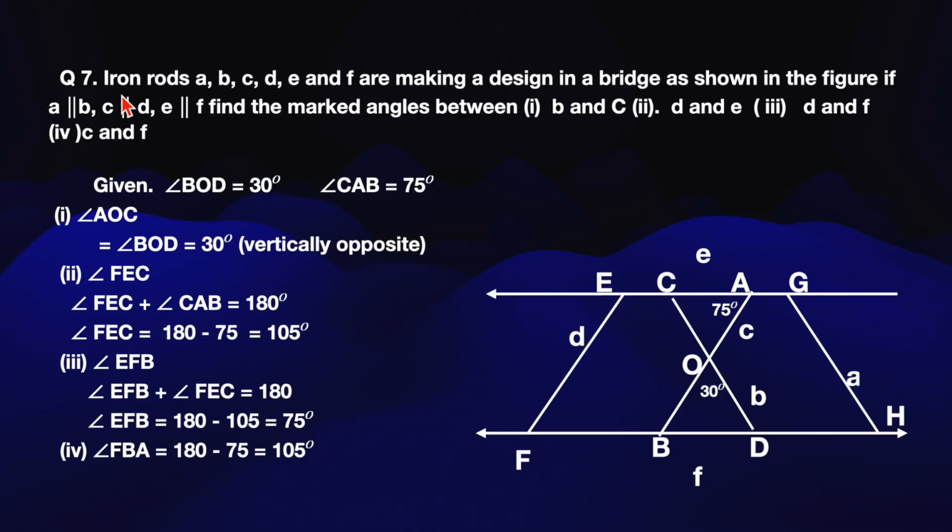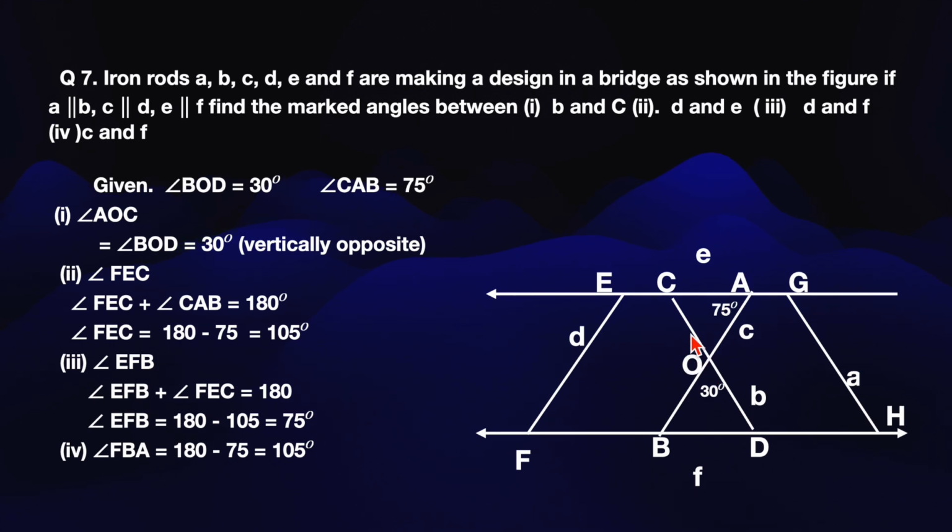Question 7. Iron rods A, B, C, D, E, F are making a design in the bridge as shown in the figure. If A is parallel to B, C is parallel to D, E is parallel to F, find the marked angles. So here is the diagram. This line is A, this line is B, they are parallel. This line is C, this line is D, that is parallel.